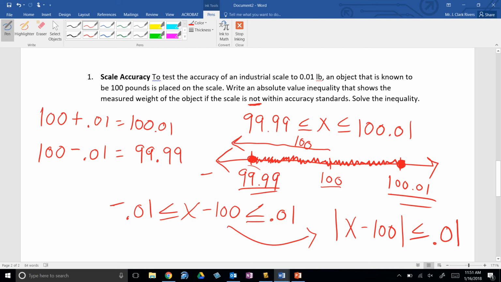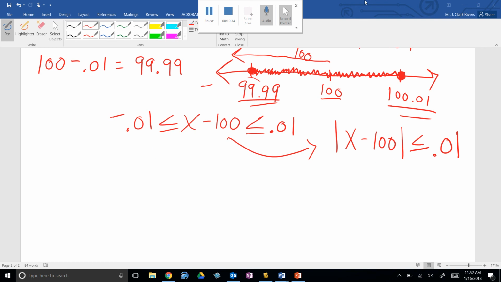Oh, wait, we've got one more problem here. We want to know what is not within the accuracy standards. I found what was within the accuracy standards. So what is not within the accuracy standards? So think about that for a moment. There's a couple ways to go about this.